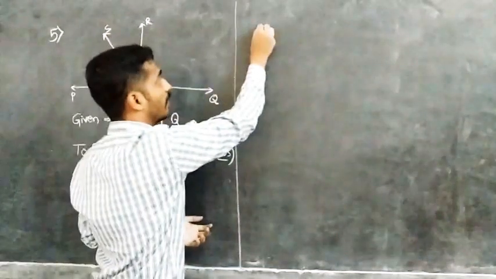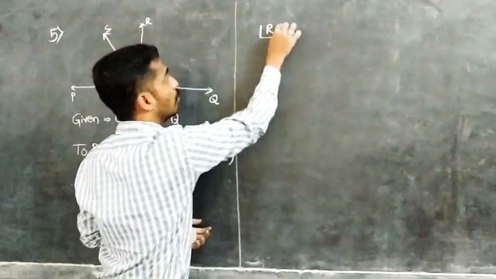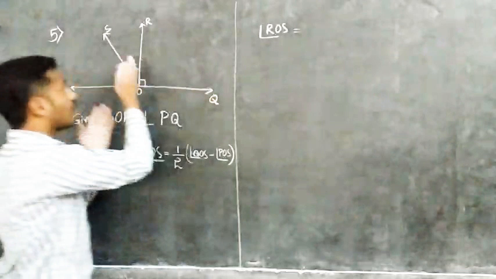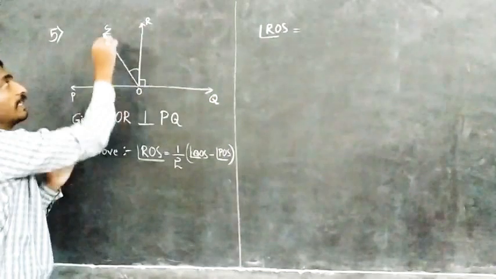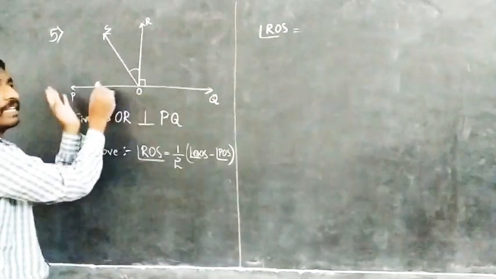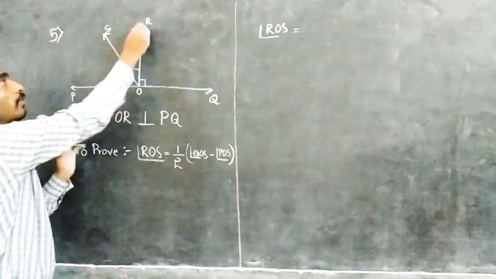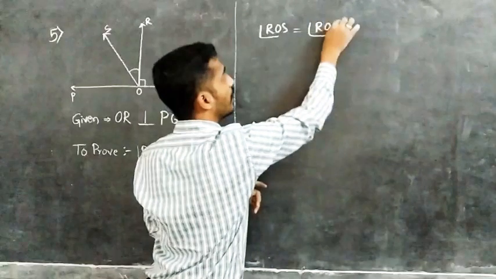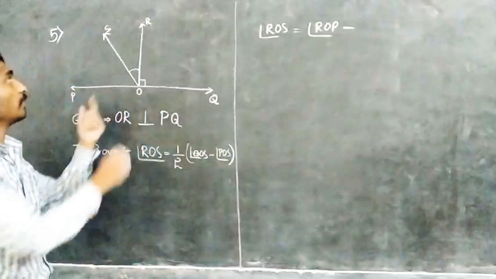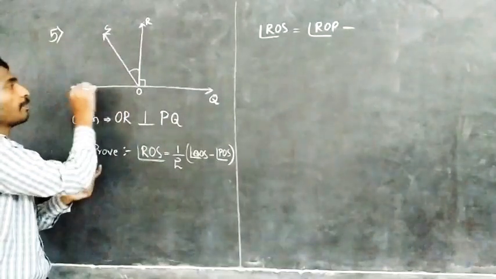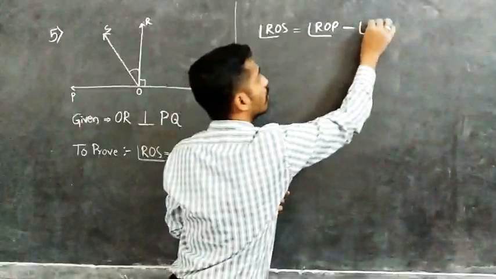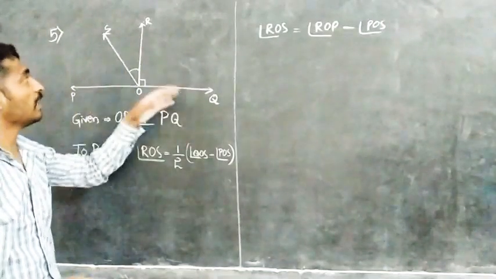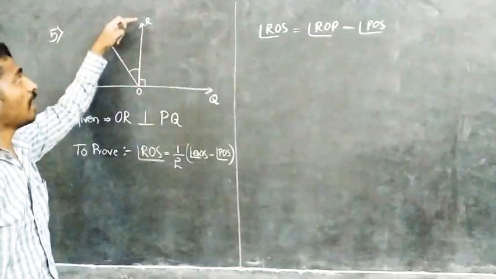So from the figure you write here ROS equal to ROP minus POS.